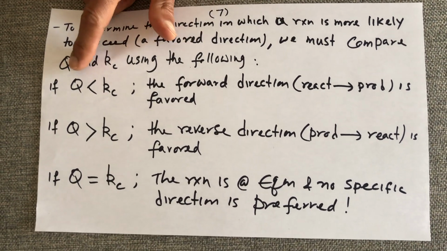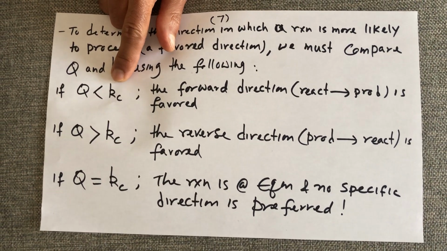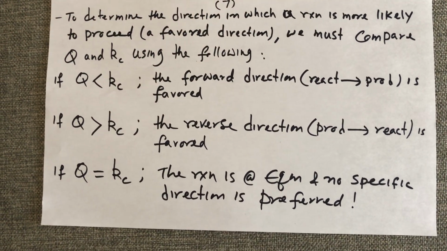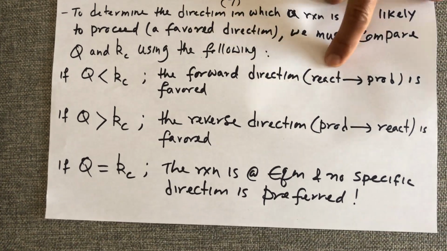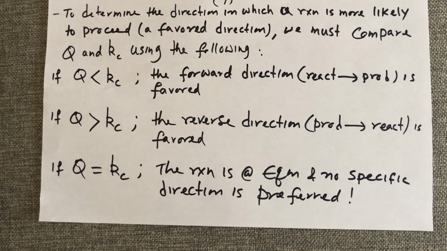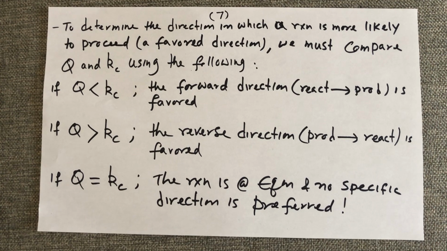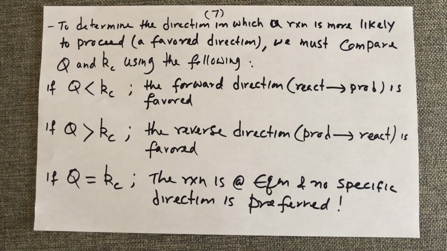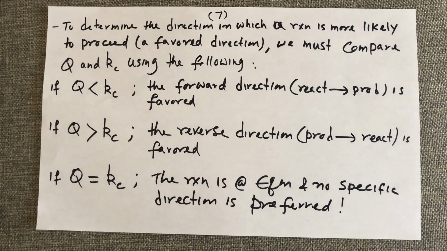Now, if the numerical magnitude of Q is less than the numerical magnitude of K, then the forward direction is favored. And by forward direction, I mean from reactant to product. If Q, or the reaction quotient, is greater than K, then the reverse direction, and by that I mean product going to reactant, is favored.